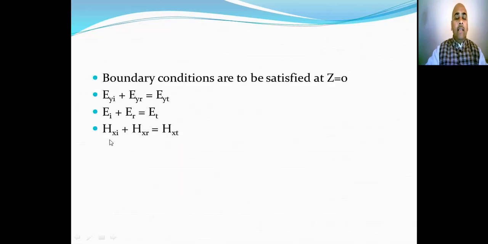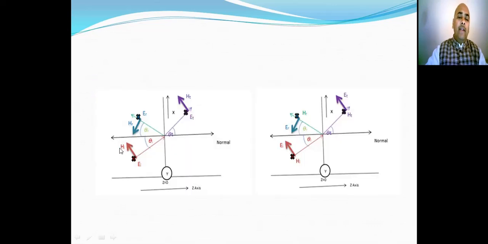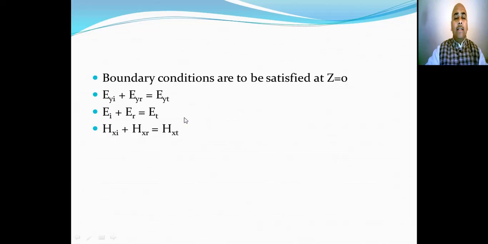Further, as the magnetic field H_i, whose component H_ix is along the boundary, is tangential to the boundary, we can say that H_ix plus H_rx is equal to H_tx. That is, the tangential components of the magnetic field are also the same at the boundary.